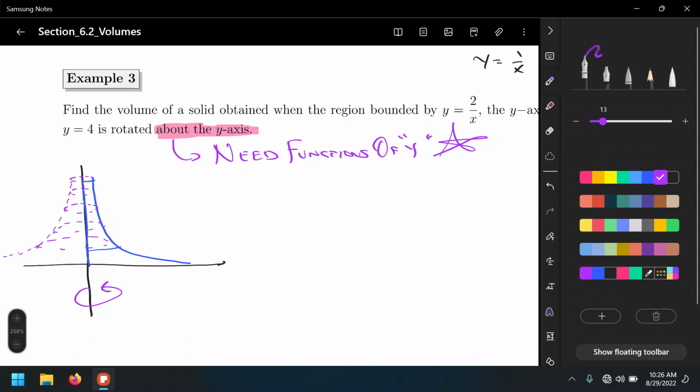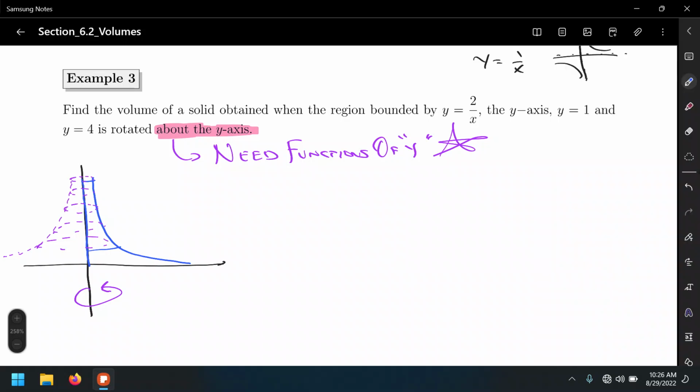So let's find the volume. But like we mentioned before, since we are rotating this region about the y-axis, we need functions of y. So this function, y equals 2 over x, we need to redefine as a function of y. Well, all we have to do is solve for x.